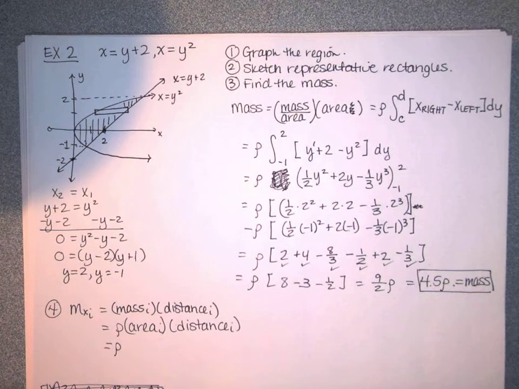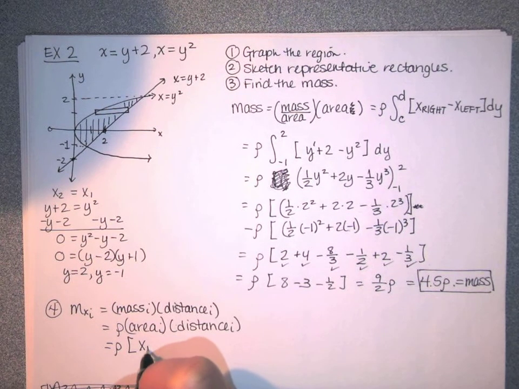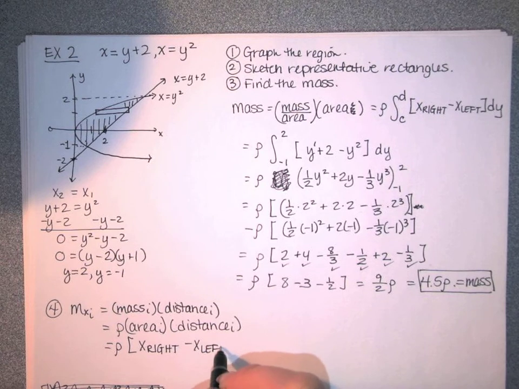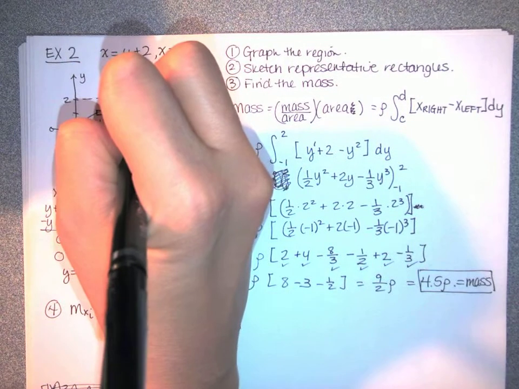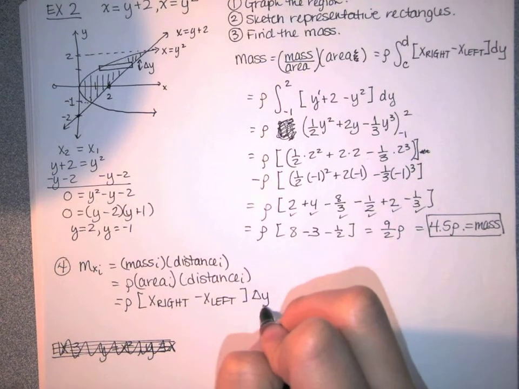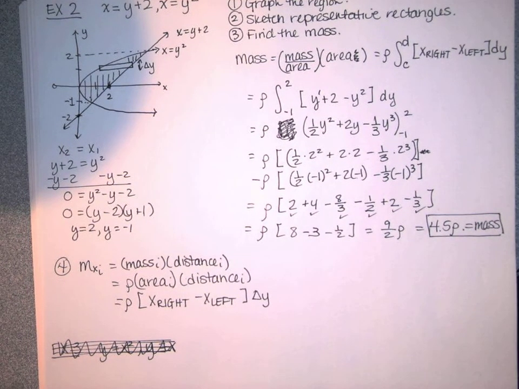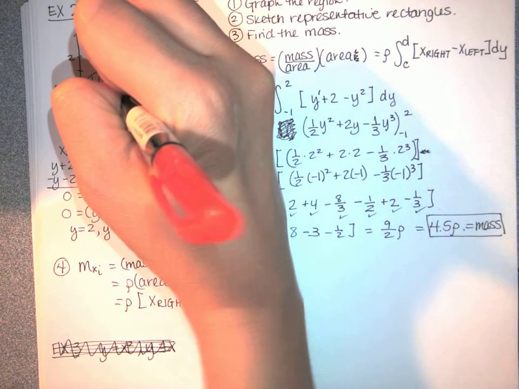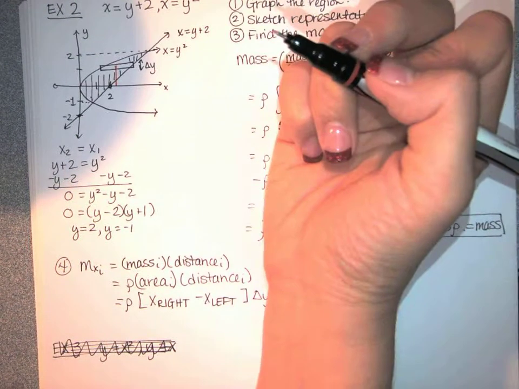Area of this rectangle is x on the right minus x on the left times delta y. And the distance to the x-axis from the center of mass of that little rectangle is just a y value.